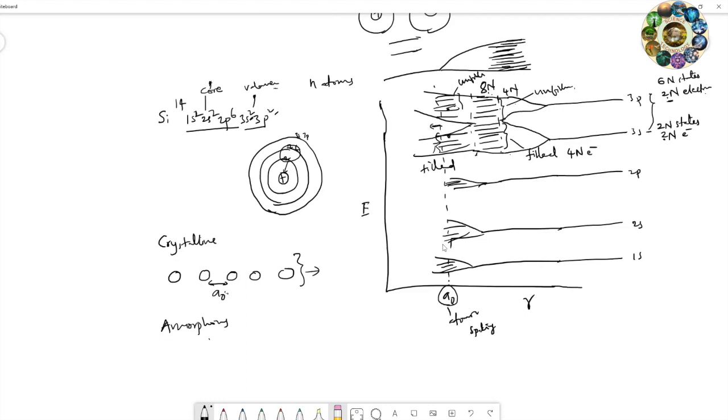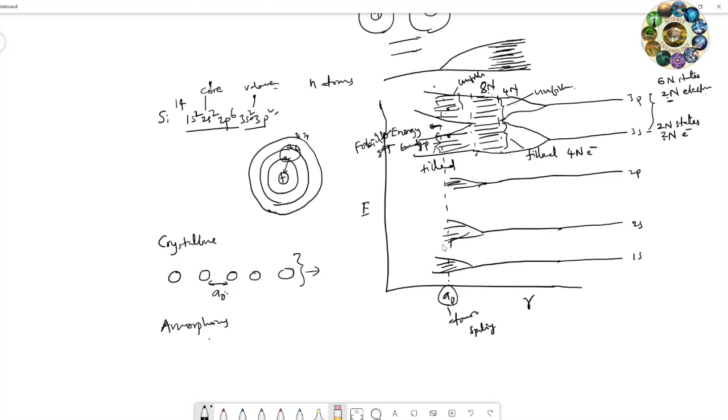This gap is called the energy band gap, or forbidden gap. In this way the energy bands are formed in solids like semiconductors. Here I took the example of a semiconductor. In this way the energy bands are formed with an energy band gap.